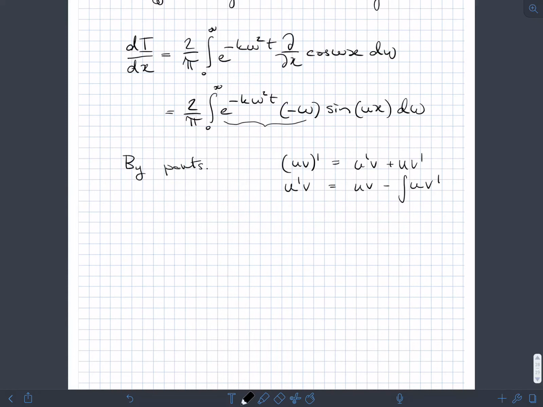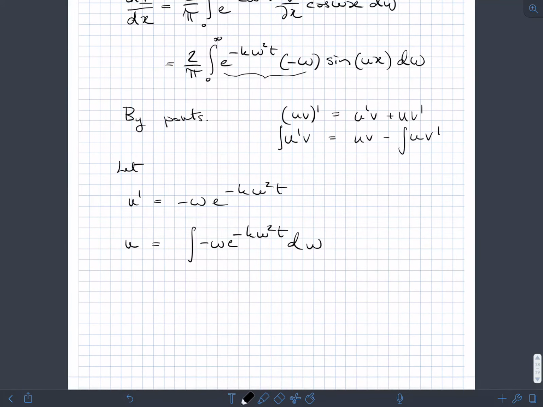Well, that's a horrible integral. Cool, so now I'm going to let u dash equal negative omega e to the negative k omega squared t. That means u is just going to be the integral of this guy. It's going to be the integral of negative omega e to the negative k omega squared t d omega.